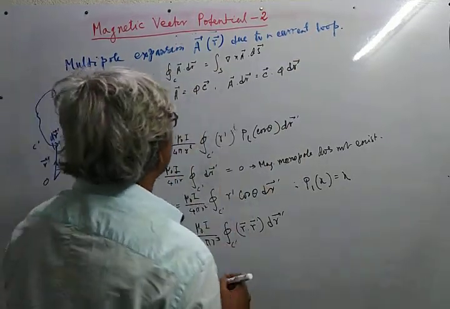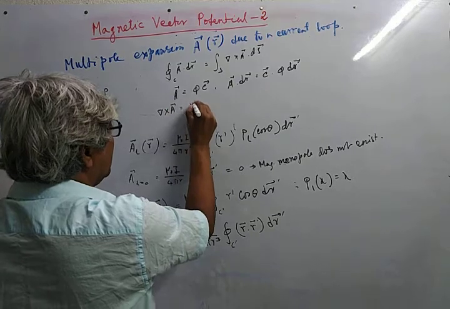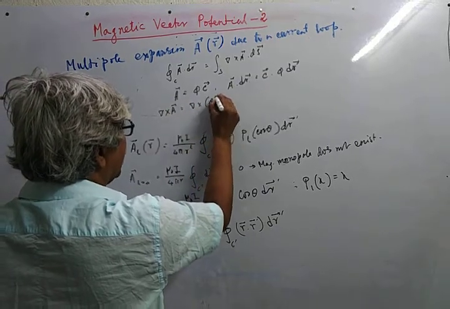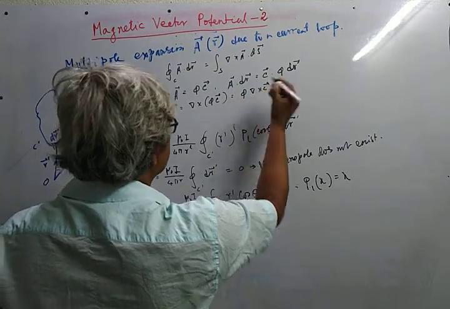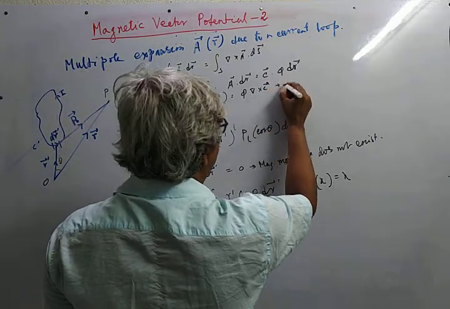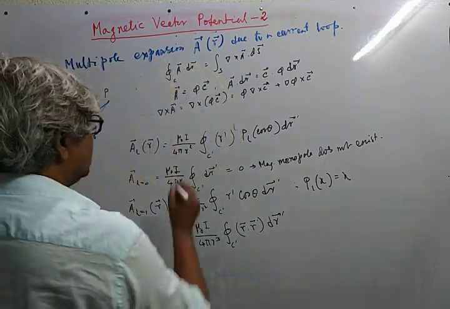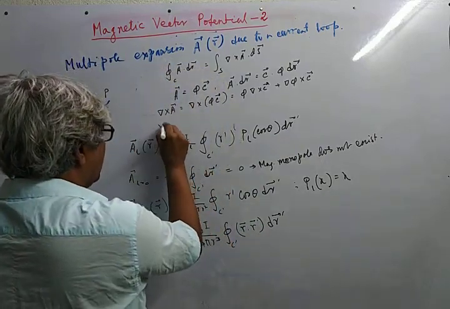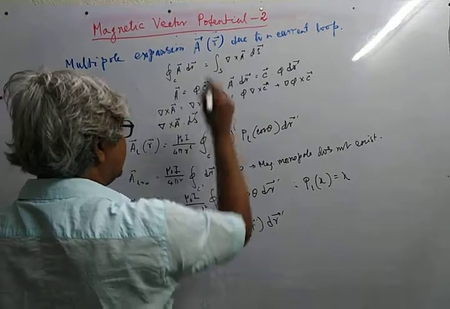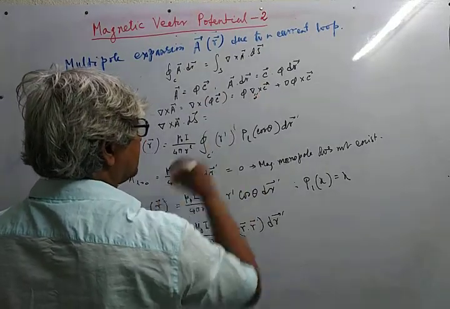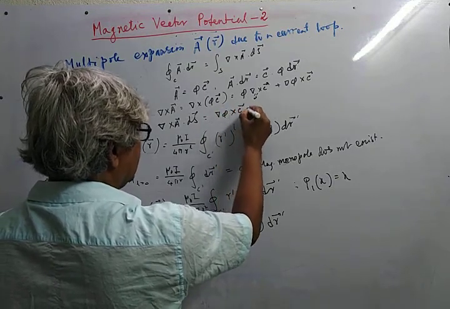So far as the right hand side is concerned, curl of A is equal to curl of phi times C. So this is phi times curl of C, since C is a constant vector this is 0, plus grad phi cross C. So we get curl A dot ds, which is the right hand side, equal to grad phi cross C dot ds.